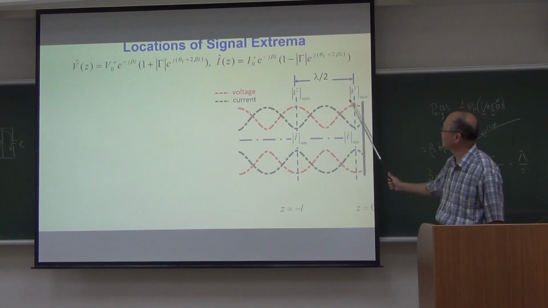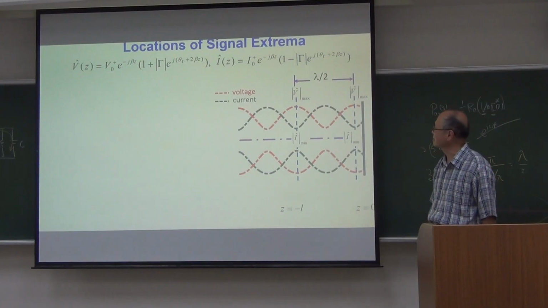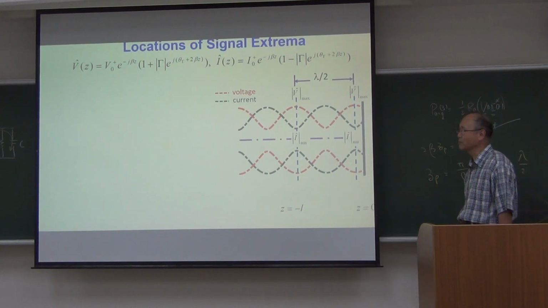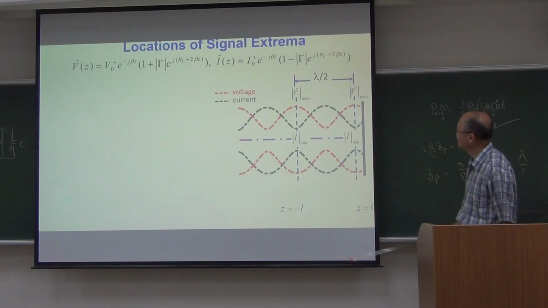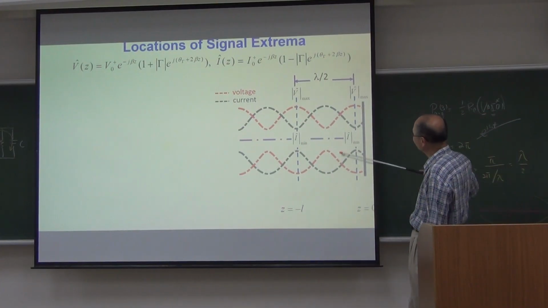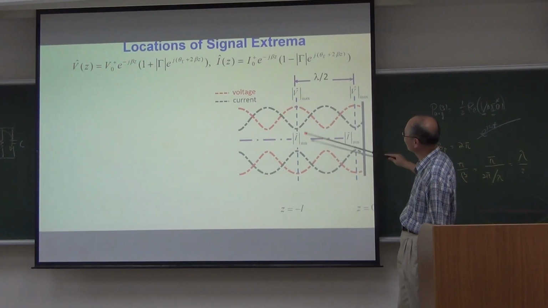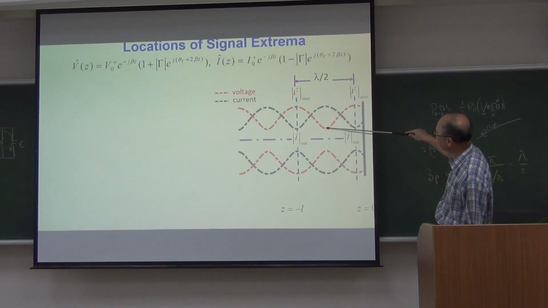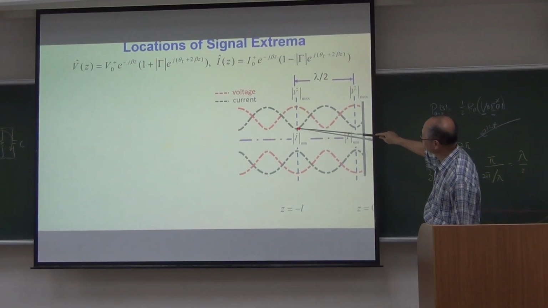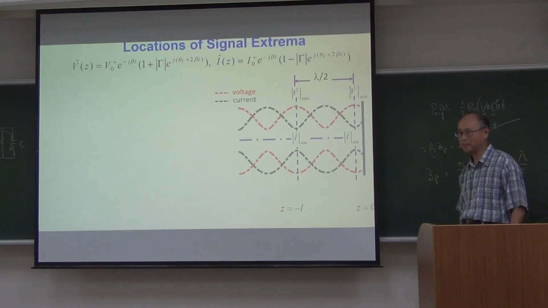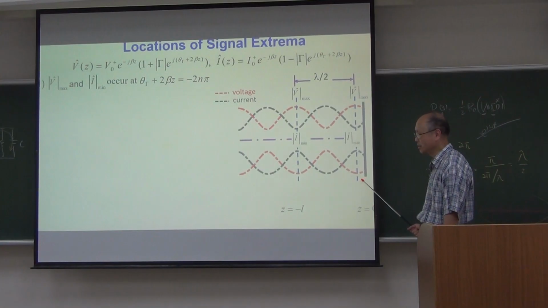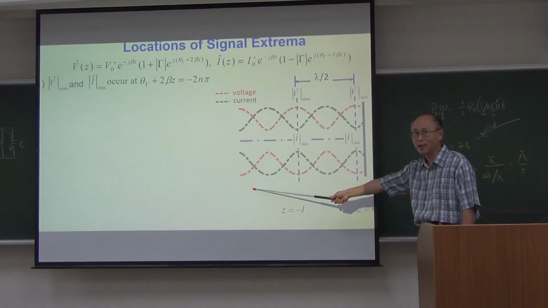But then you see that between any two voltage minima or current maxima, the periodicity is always lambda over 2. Here the voltage plot and the current envelope are drawn together, so the voltage maximum corresponds to the current minimum. Okay, let's do a calculation.